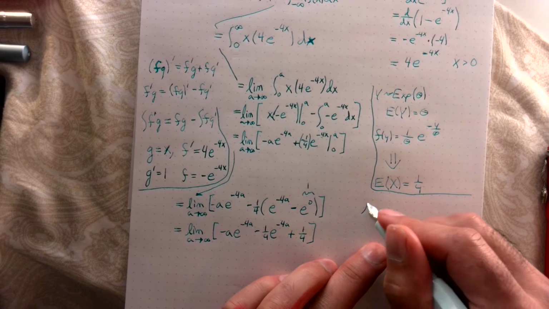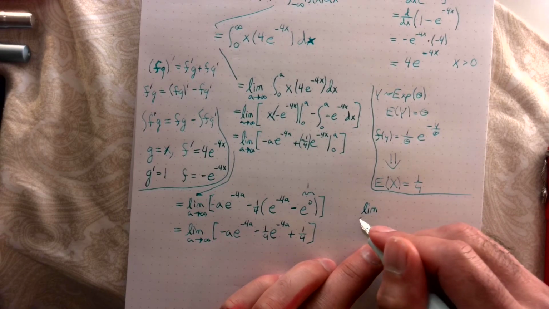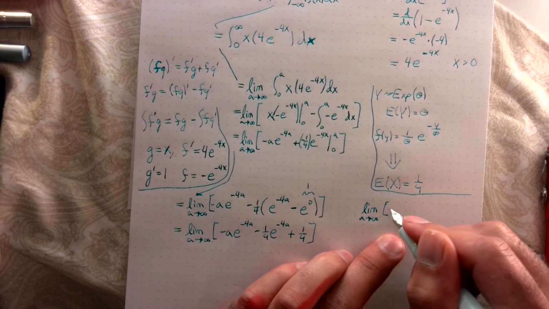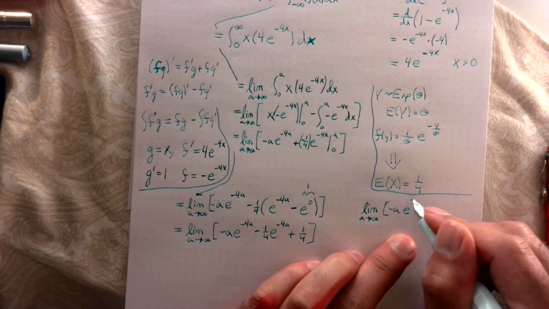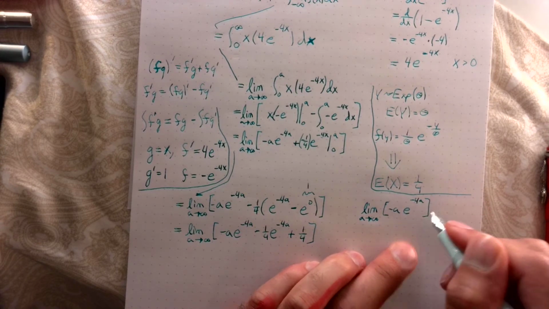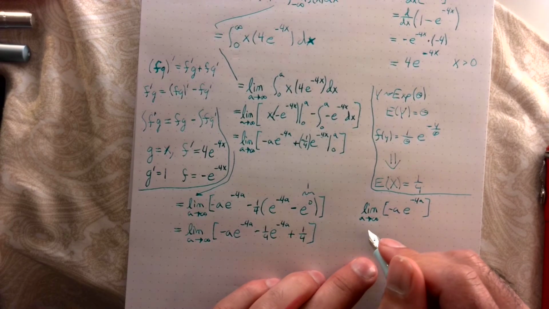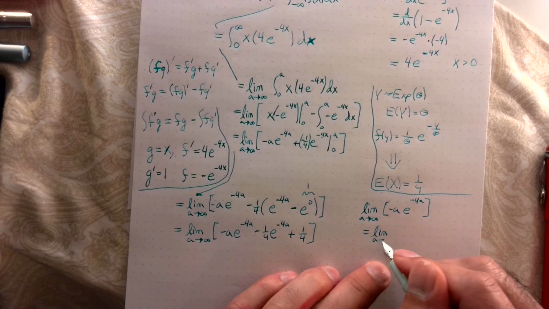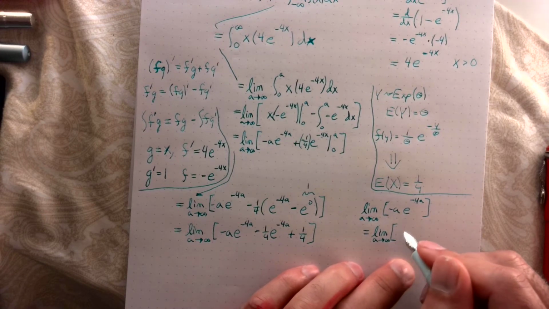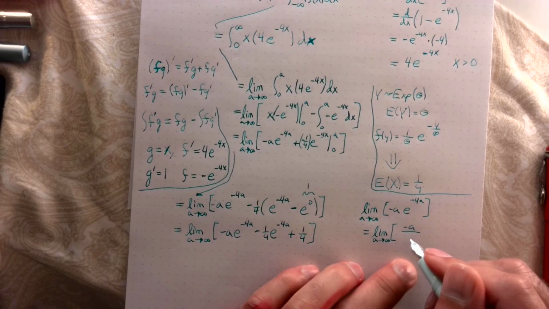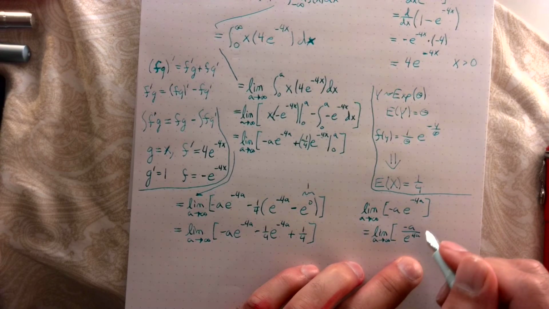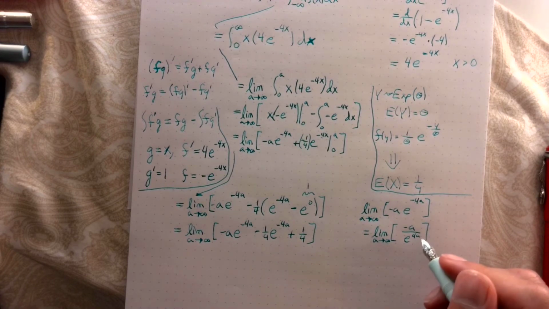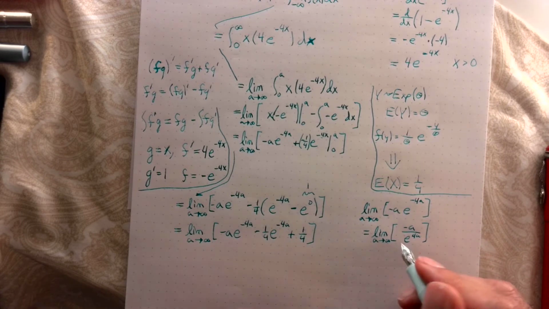So we want to calculate the limit as a goes to infinity of minus a times e to the minus 4a. So this is going to be equal to the limit as a goes to infinity of minus a over e to the 4a. So now this is going to be infinity over minus infinity as a goes to infinity.